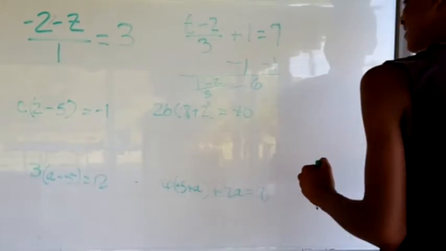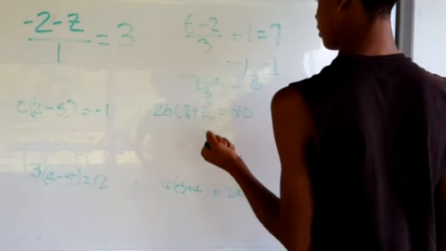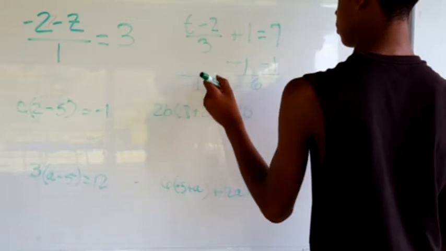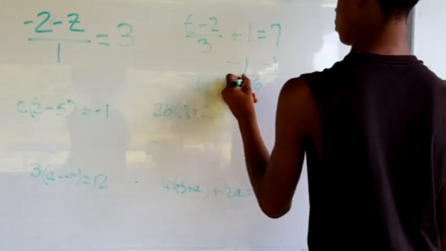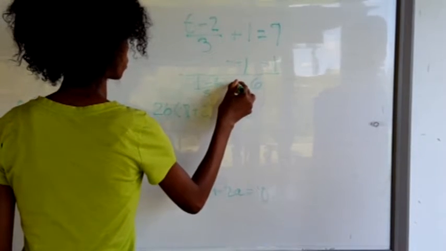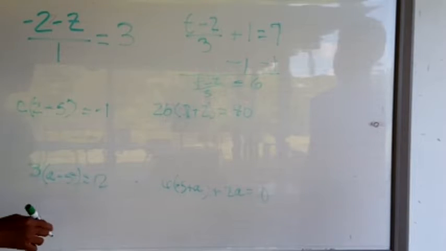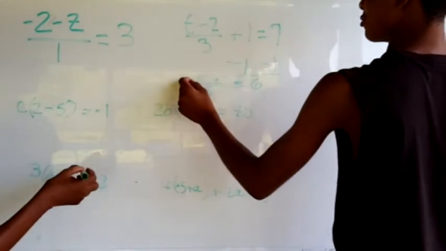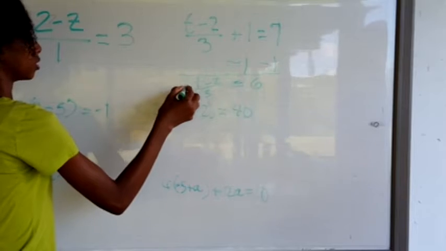Okay, that's t minus 2 over 3 equals 6. Just tell me what to do. Yeah, that's what I did. Alright, now you're supposed to multiply 3 on both sides.